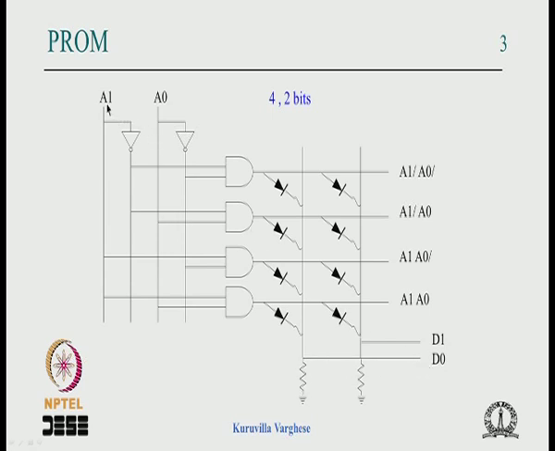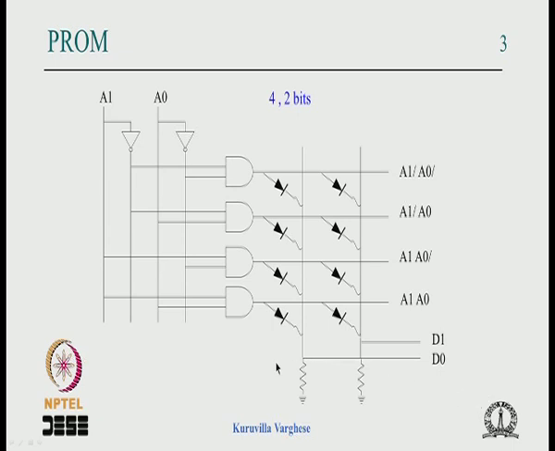But if it is 0 1 then this AND gate output is 1, rest are 0. So since this is 1 and this is pulled low, this diode will conduct, the fuse is retained, so you get a 1. Similarly when you have 1 0, this diode will conduct, the fuse is intact and you get a 1, and when it is 1 1, this is active, rest all are 0, but this fuse is blown, so it won't conduct, it is pulled low and then you get a 0, okay.